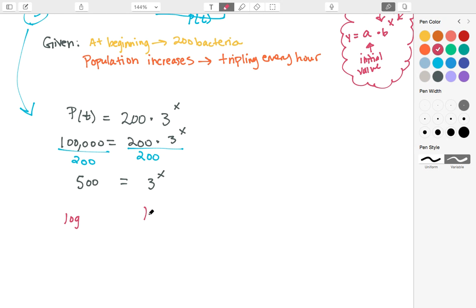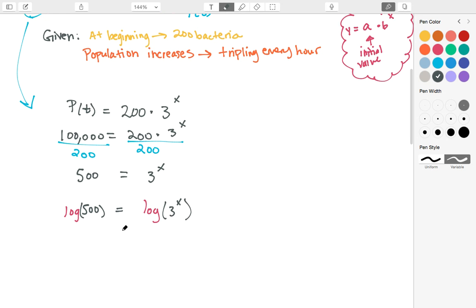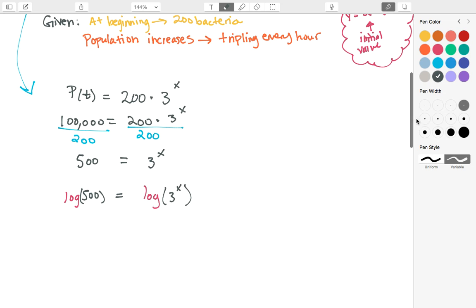So I'm going to take the log of 500 is equal to log of 3 to the x power. All right, so at that point, I can move this exponent in front of the log and multiply it, right?